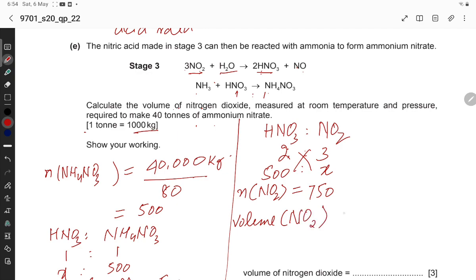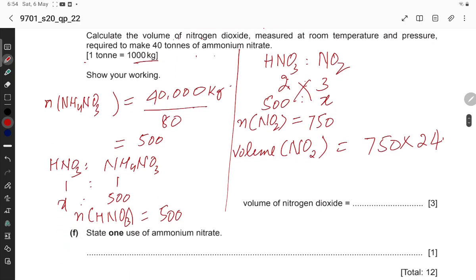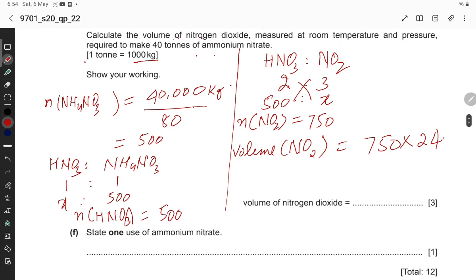dioxide is 750 into 24 decimeter cube. So this is the volume of nitrogen dioxide: 750 multiplied by 24 is equal to 18,000 decimeter cube.